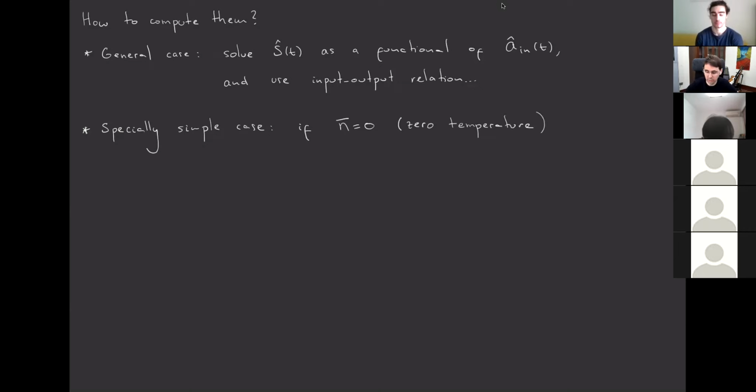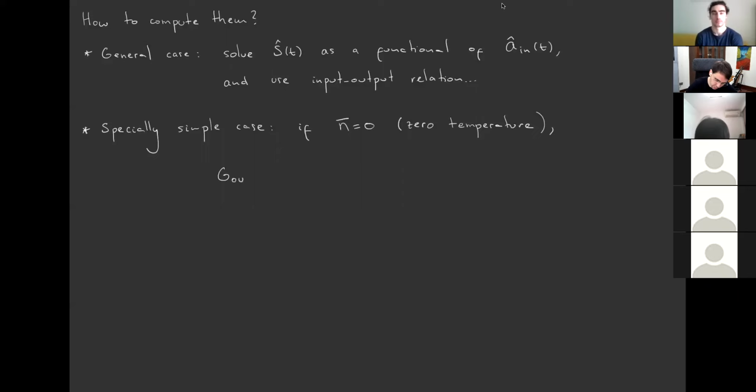So this is actually the situation that you have at optical frequencies in our room temperature experiment. So this is why this situation, even though I call it kind of a special case, in optics is what you usually have.